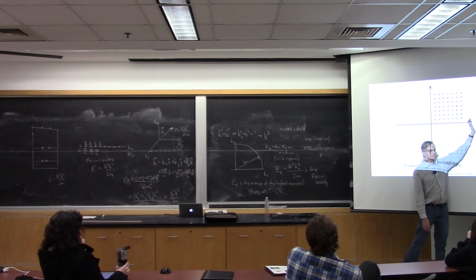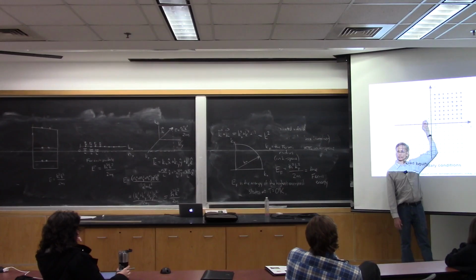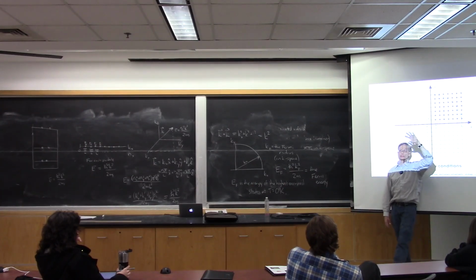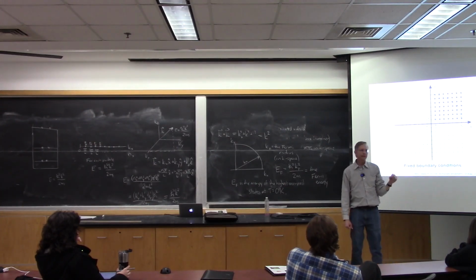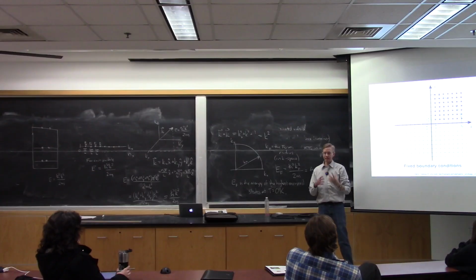Because if you think about it, there's a lot more area out here than there is close to the origin. So most of the particles will have energies that are pretty close to the Fermi energy. They're zipping around at energies way larger than Boltzmann constant times the temperature. And so they exert much more pressure than an ideal gas would, where the typical energy would just be Boltzmann constant times the temperature.